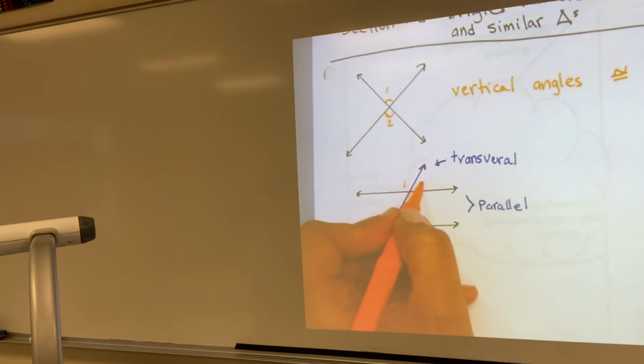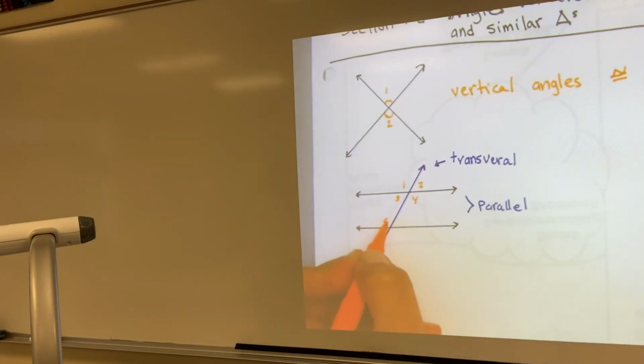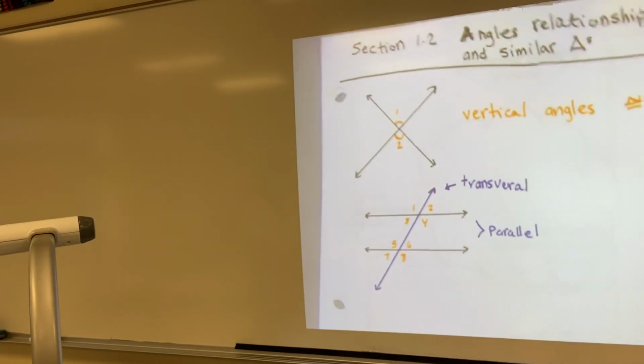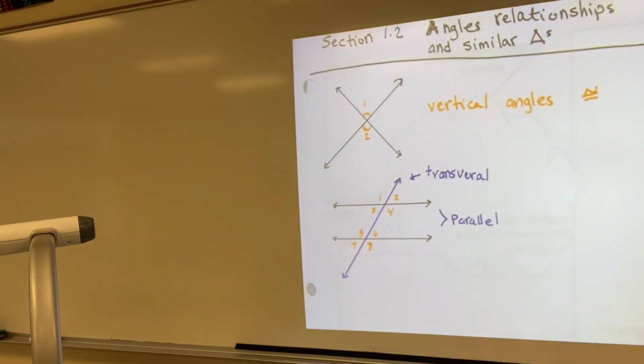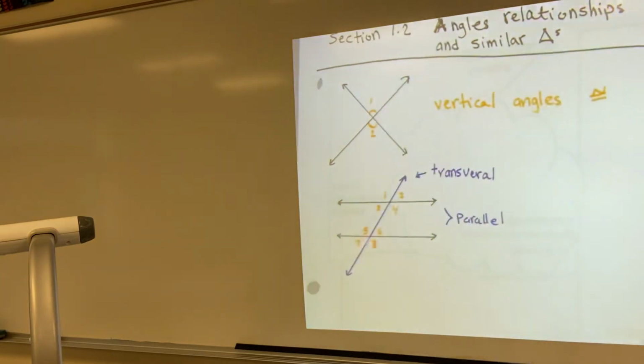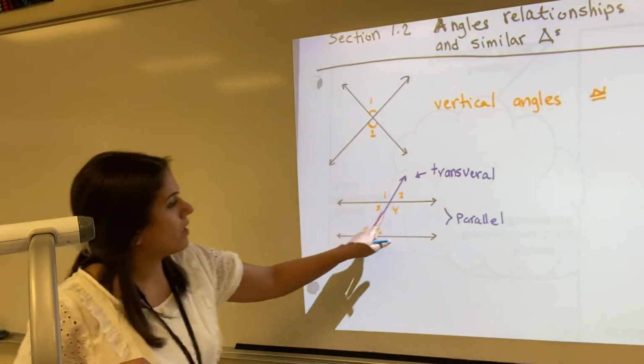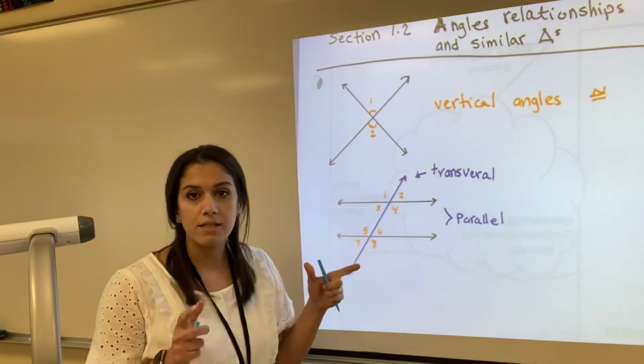Angles 1, 2, 3, 4, and 5, 6, 7, and 8. Let's look at some special terminology here and relationship between the angles. So first we have angles that are on the inside.